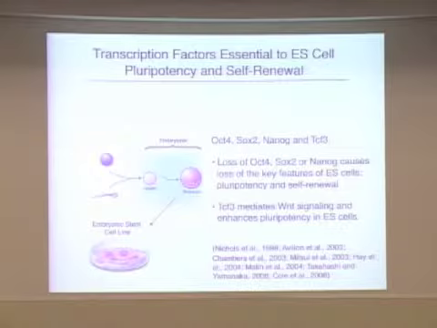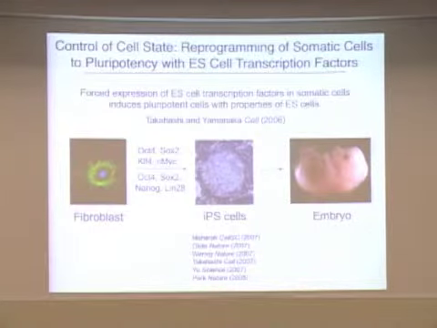OCT4 and SOX2 form a heterodimer. NANOG works with a variety of other partners. And TCF3 is in the TCF-LEF family, which will bind beta-catenin upon Wnt signaling, and it's known in ES cells to be one of the factors that mediates Wnt signaling.